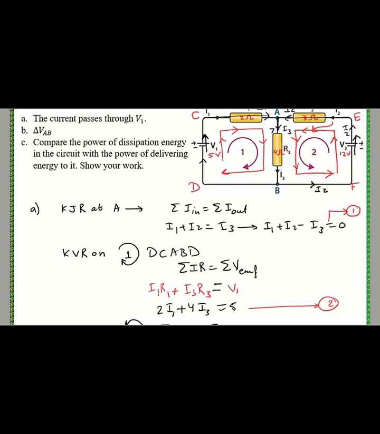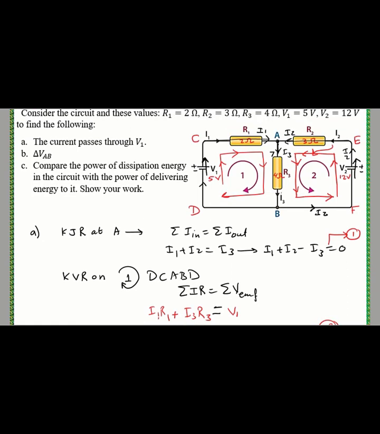Now for the increasing of the potential across the batteries, from F to E we have a battery of V2. I am going from F to E in the analyzing process here, and I found that the battery is with me.